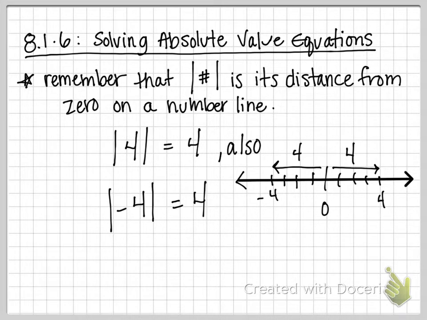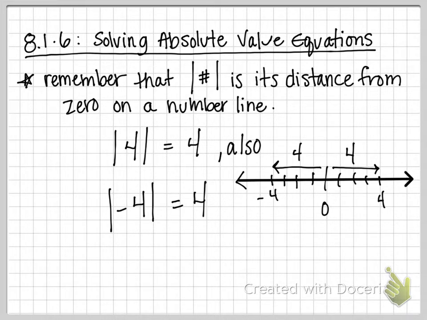I think I have writing over here, so I'm going to erase this in a sec when you guys catch up. So the key here is to look inside those absolute value signs. We have two different numbers inside the absolute value sign, but we get the same answer as an output.